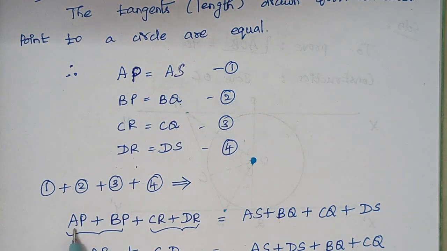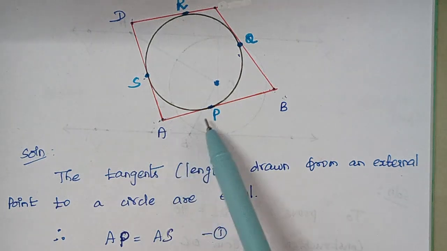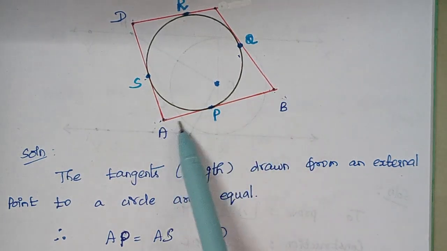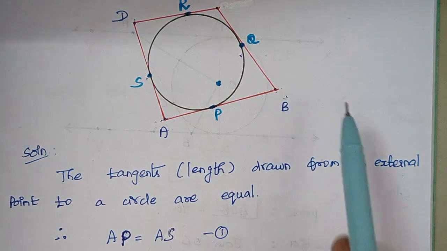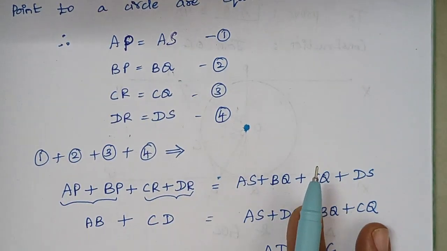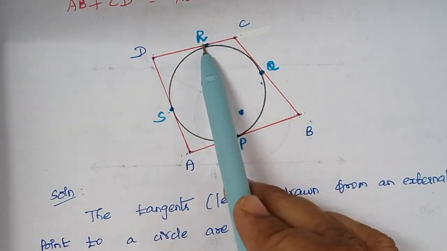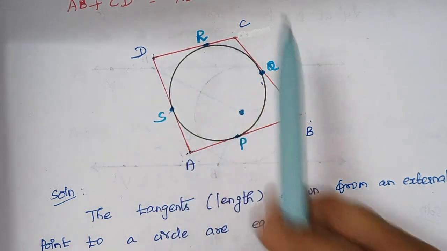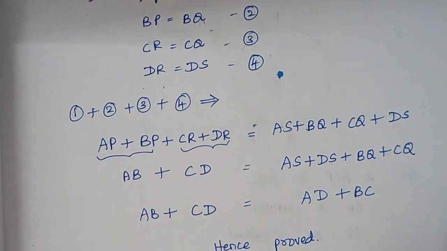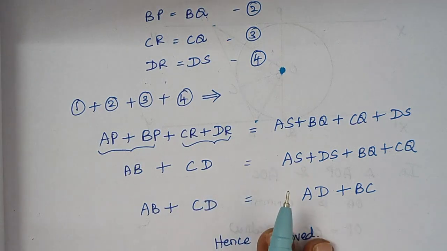So AP plus BP, looking back at the diagram, is nothing but AB. So you can replace AP plus PB with AB, and similarly CR plus DR is nothing but CD. Which is equal to, in this case I am just combining the terms.